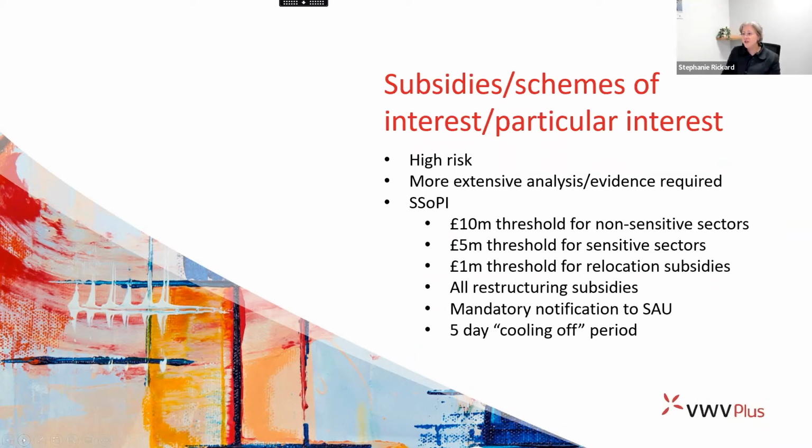So where you have a scheme of interest, then there is a possibility of voluntary referral to the Subsidy Advice Unit for review as to whether the unit considers that the subsidy will comply with the principles. But there will be a much more detailed level of scrutiny and information that will need to be required and provided by the university.